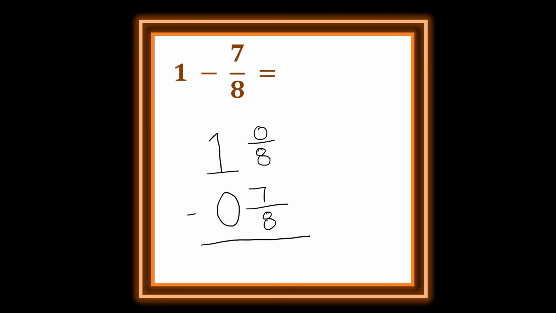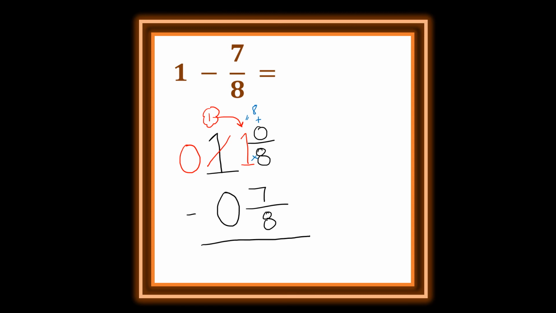Now I can't have 0 and take away 7, so I have to borrow from the 1. So I borrow from the 1, it turns into a 0, and I carry the 1 over here. So now I have a mixed number. And 8 times 1 equals 8, and 8 plus 0 equals 8.